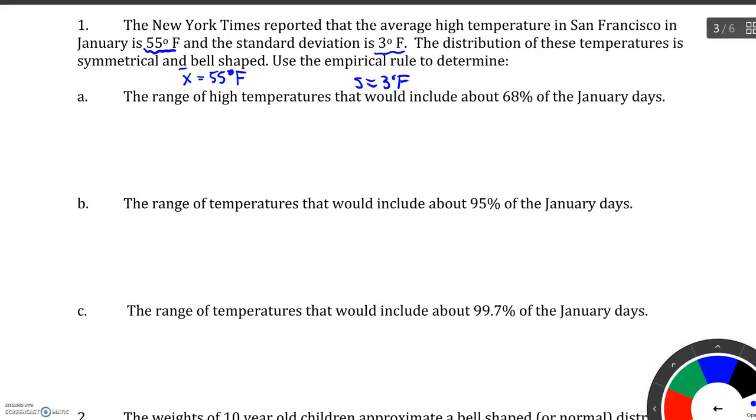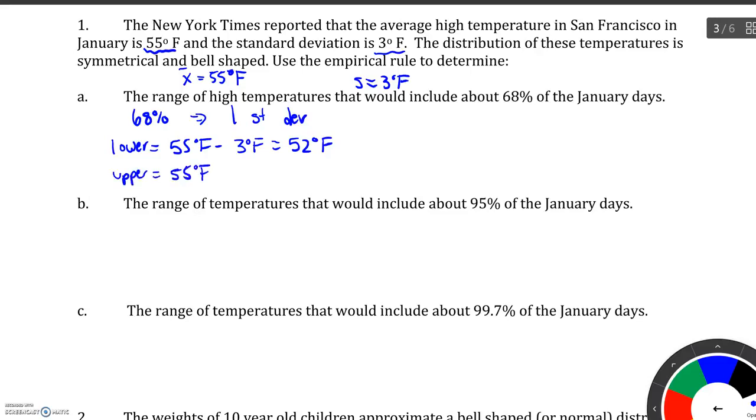So to do this, since we're finding 68%, we're going to move one standard deviation from our mean. Our lower limit is going to be the mean value minus one standard deviation. That gives us a value of 52 degrees Fahrenheit. Our upper value is 55 degrees Fahrenheit plus one standard deviation.